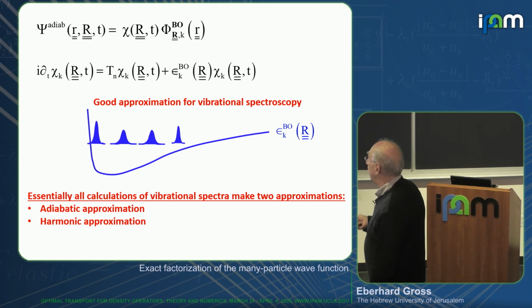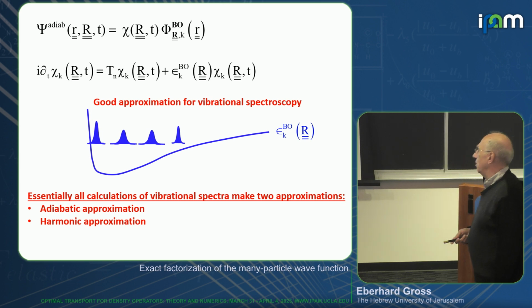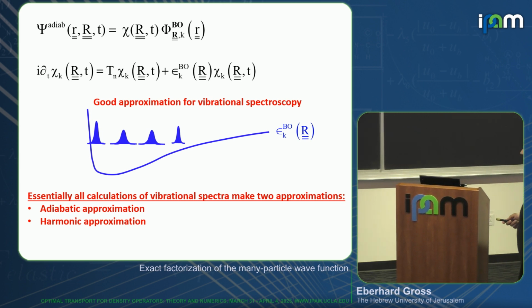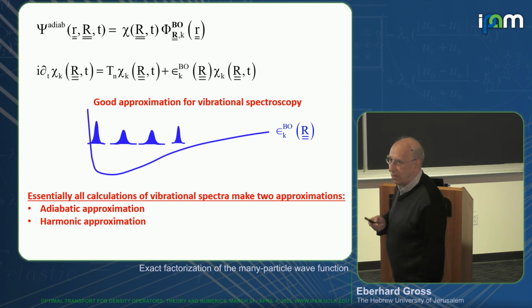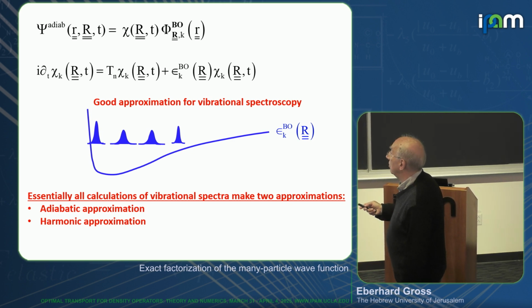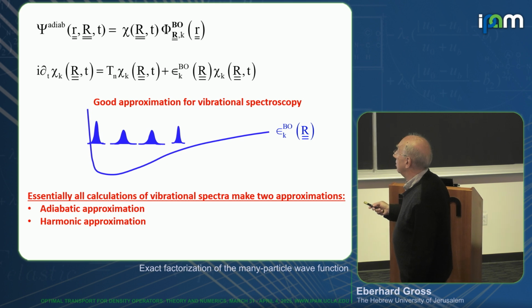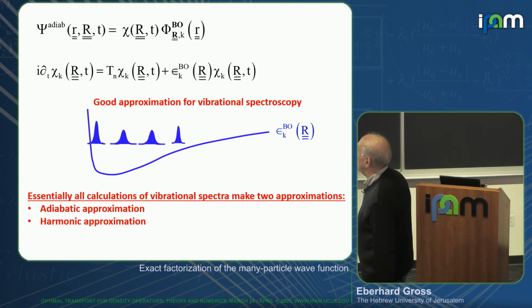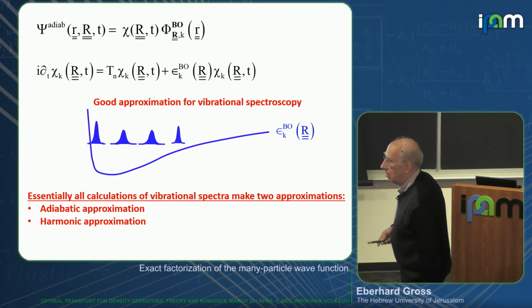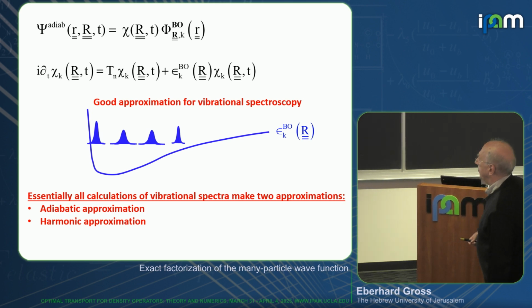So for vibrational spectroscopy, the adiabatic approximation is an extremely good approximation. And this must not be confused with a harmonic approximation, where in addition this surface is approximated by a quadratic form. That's an additional approximation that is often made, but it's not really necessary.